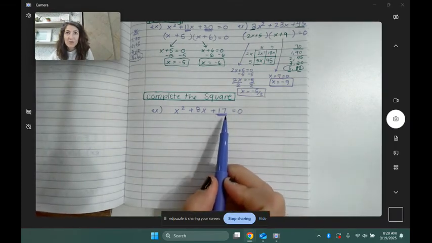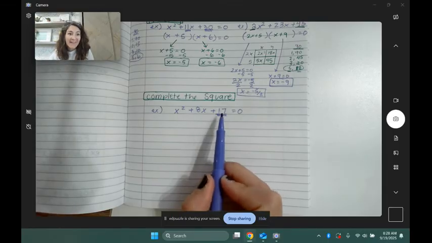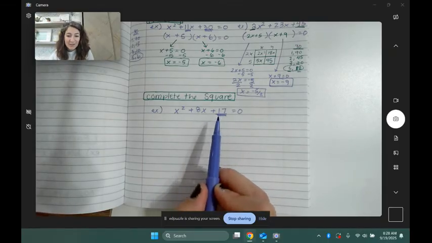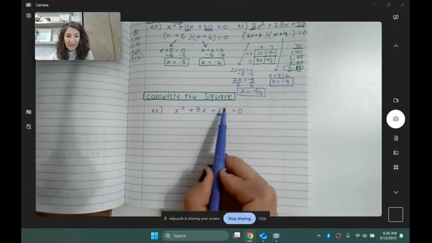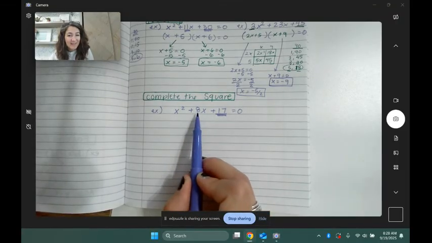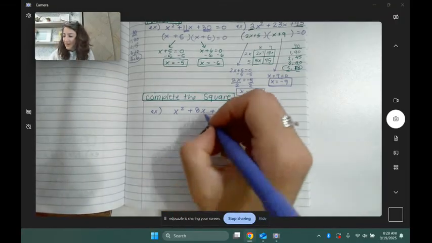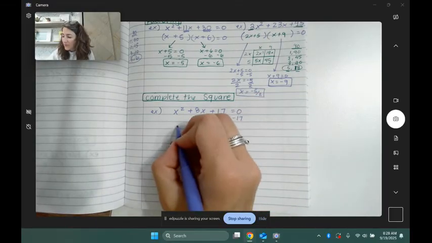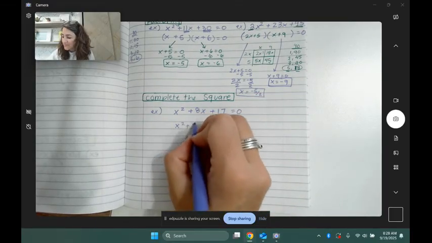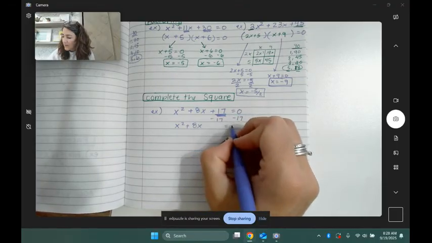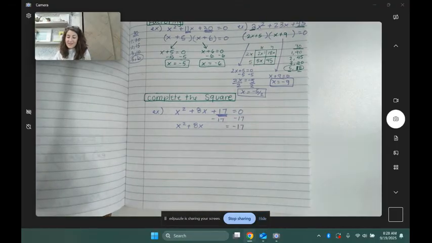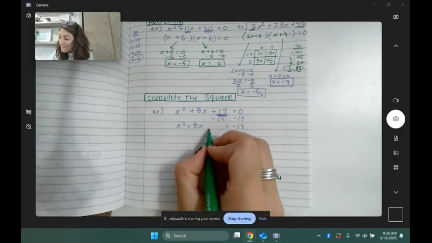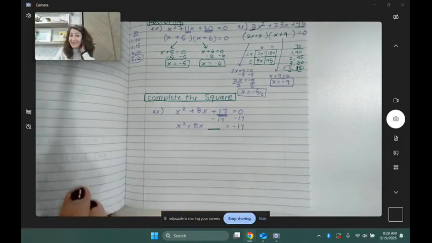So this number should be whatever the answer is, the same two numbers multiply to this and add to this. It's not going to be 17. So with complete the square, I'm going to start by getting rid of my c. And then I need to decide what my perfect c would be here.